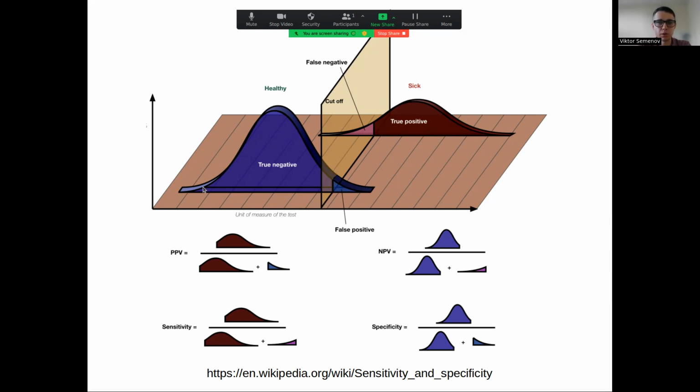The majority of healthy people will have blood glucose below this level. There is still a small chance that healthy people will occasionally have a blood glucose level above 6, but this chance is pretty small.